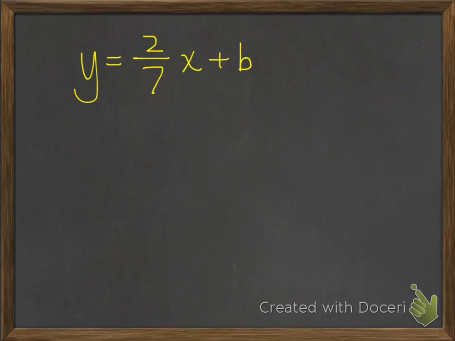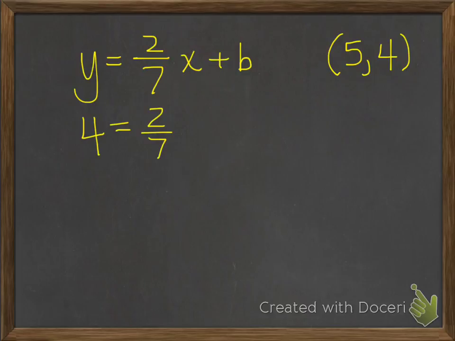Okay, let's look at this a little bit more. What if we had used the other point on the line? The other point was (5, 4). So if we substitute those in for x and y, y is 4, so 4 equals 2/7 times x, which is 5, plus b.